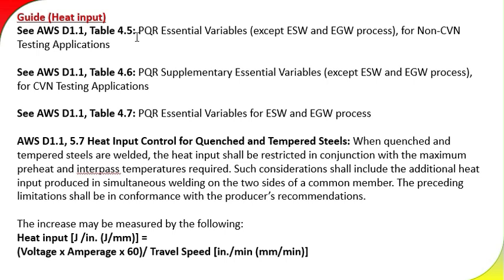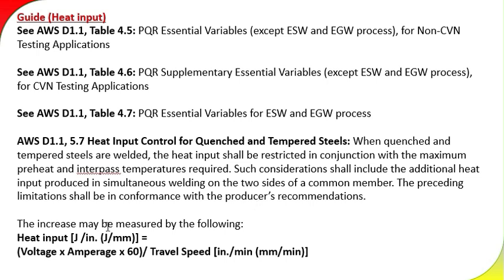So this is very important. In 4.5, 4.6 and 4.7, you can see the heat input requirement. AWS D1.1 5.7, what is mentioned there? Heat input control for quenched and tempered steel. When quenched and tempered steels are welded, the heat input shall be restricted in conjunction with the maximum preheat and interpass temperature required. So this is mentioned in AWS D1.1 5.7.